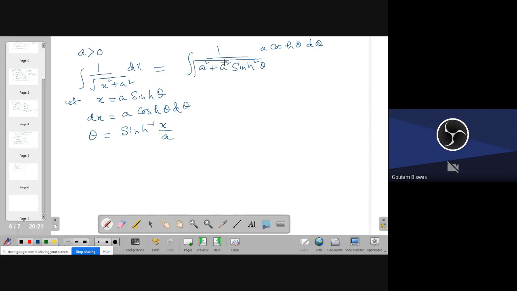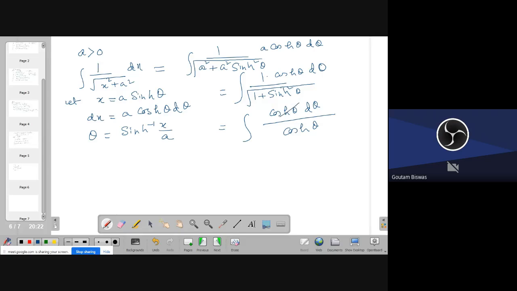So a and a go. This is equal to integration of cos h theta d theta divided by root over 1 plus sin h square theta. Now 1 plus sin h square theta is nothing but cos h square theta, because cos h square theta minus sin h square theta is equal to 1, as I did in previous classes.